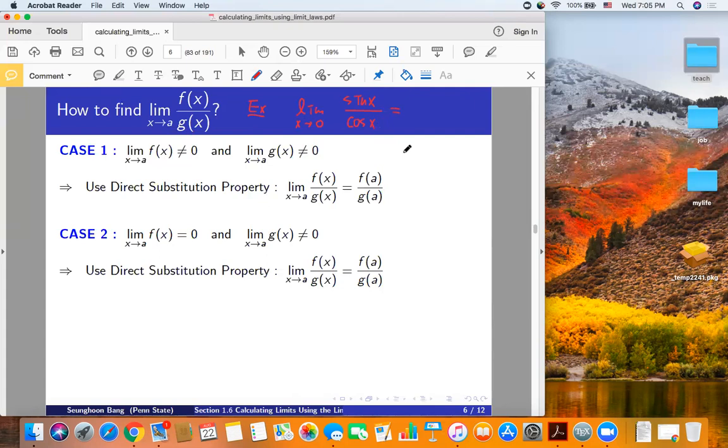Yeah, sine over cosine is tangent of x. What is the limit of tangent of x as x approaches 0?